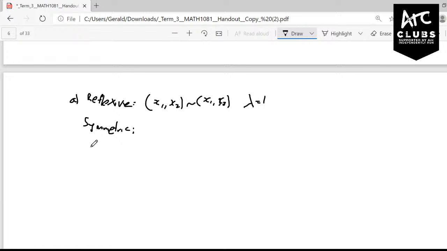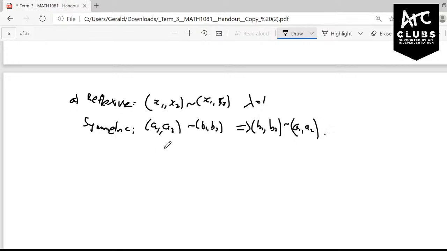And to prove that it is symmetric, what we want to show is that if A is related to B, so if we take A1 and A2 and we assume that it is related to B1 and B2, then we want to show that this also means that B1, B2 is related to A1, A2.